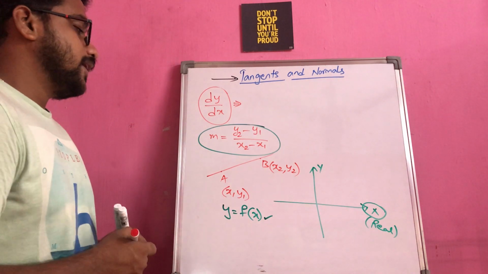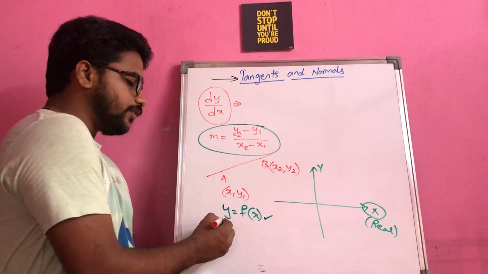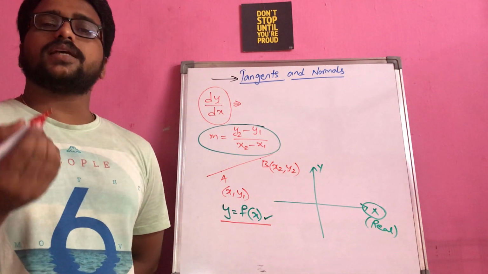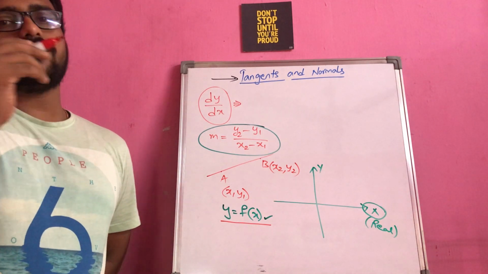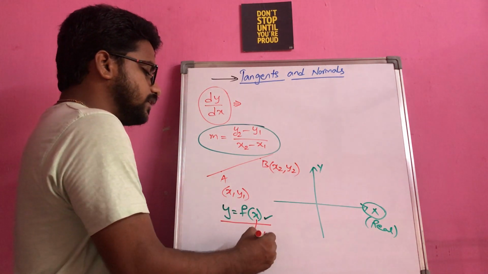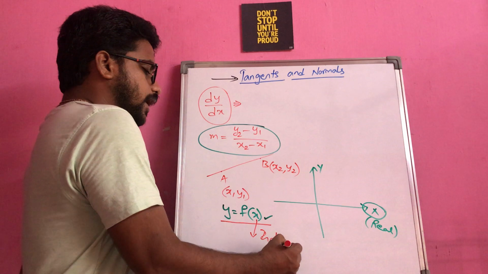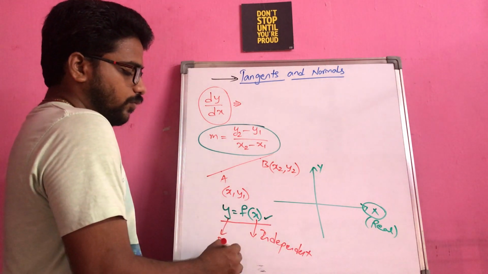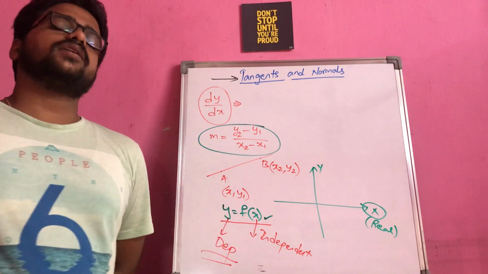That's why every value or every function is usually represented in terms of x, and the resultant of that value is given as y. So x is always called the independent variable and y the dependent variable. Why do we call y a dependent variable?